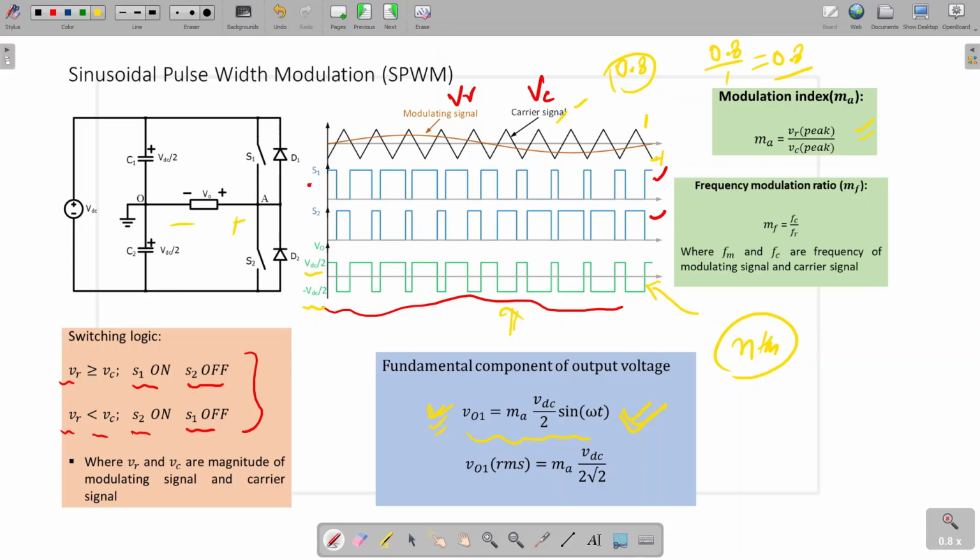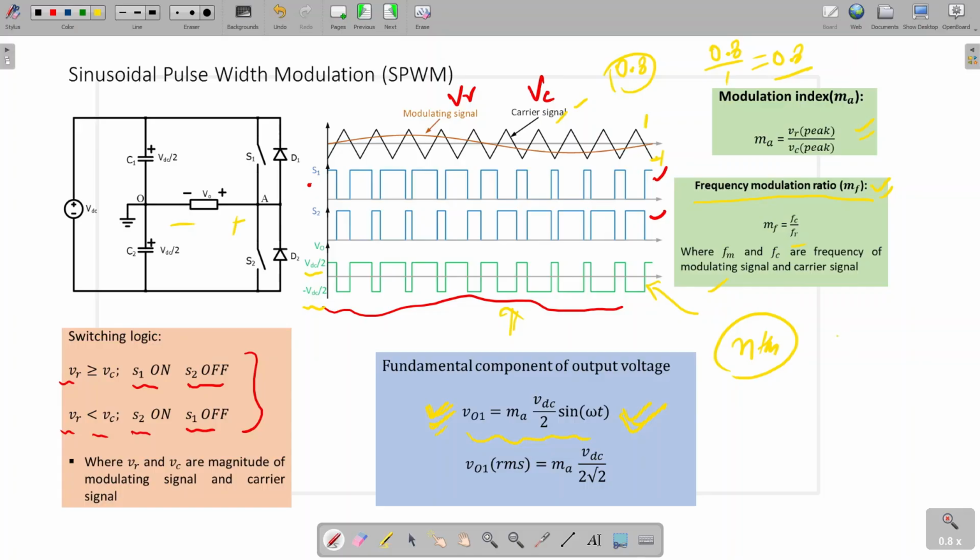One other term is the frequency modulation ratio, MF. MF will be carrier frequency divided by reference frequency. So is it clear up to now? Yes, it is the reverse of the modulation index. So the frequency modulation ratio is the carrier by reference, FC by FR.